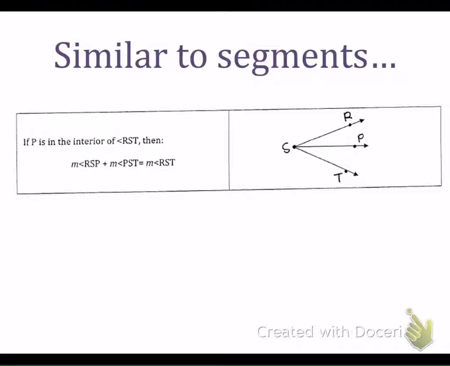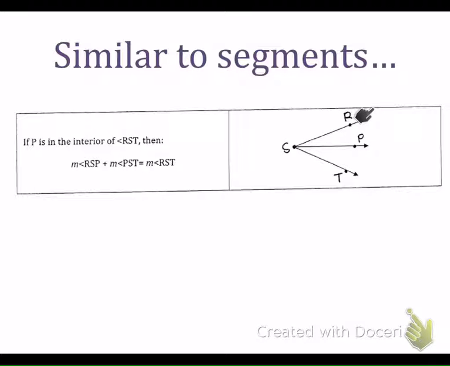So yesterday we learned something called the segment addition postulate. It basically said if you have 2 smaller segments and you put them together to make a larger segment, you can add their lengths to find the length of the larger segment. That works for angles too. So this is saying if you have P, see how P is right here? It's a point on a ray that's inside an angle.